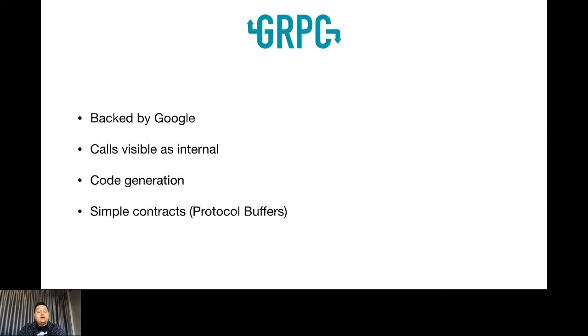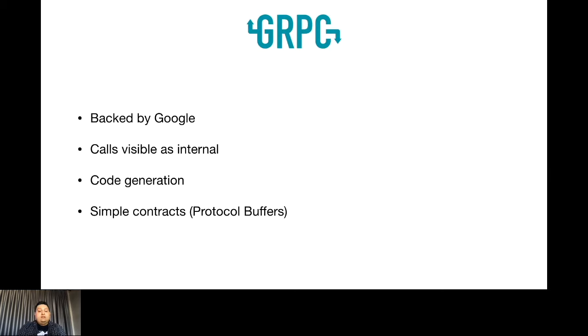So it provides better tools for developers. It's much more developer friendly. It also provides us with simple contracts, which in the case of gRPC are called protocol buffers. They are also language neutral and also provide code generation from them to many different programming languages.